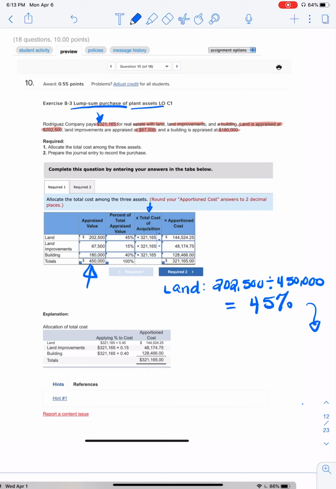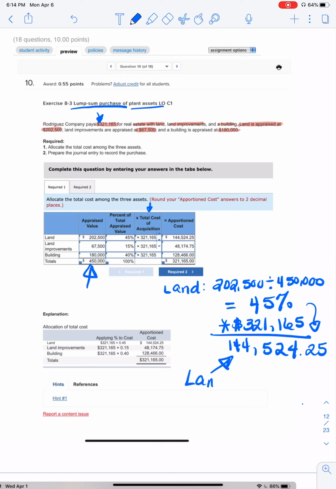Then I'll take that 45%, I'll multiply that by my actual purchase price of $321,165, and that will give me $144,524.25. So this is the amount that land will be recorded at. Okay, and hopefully that makes sense.